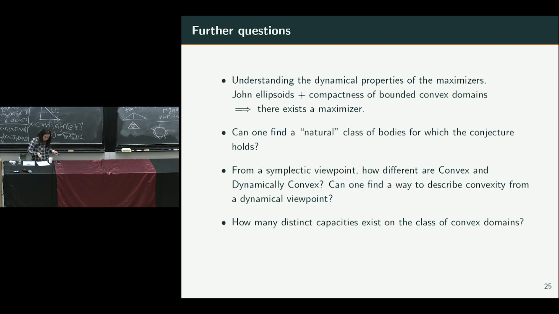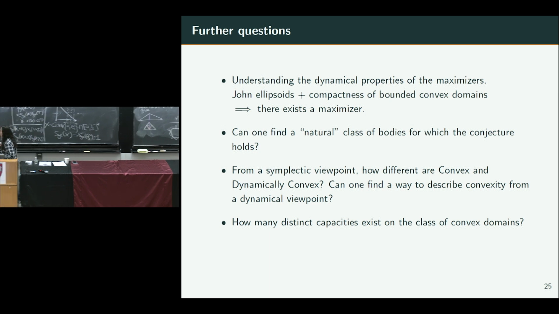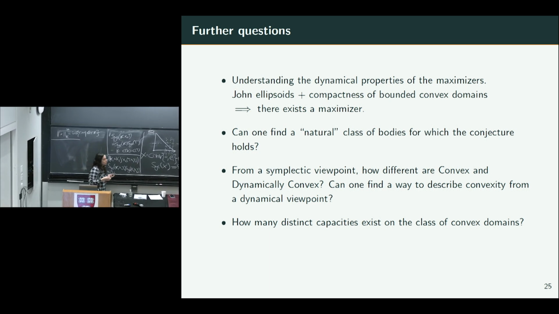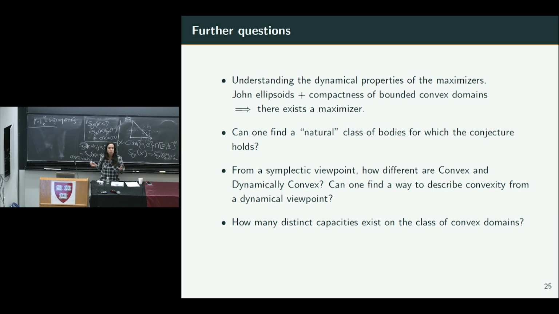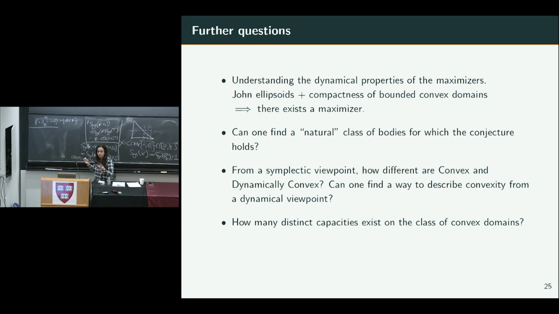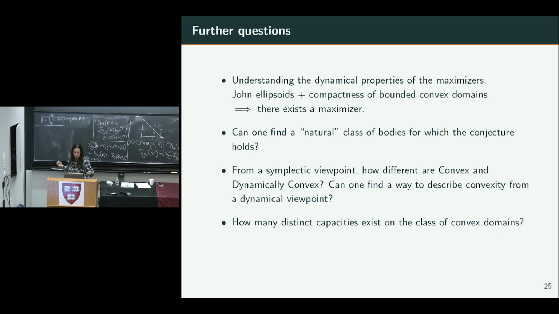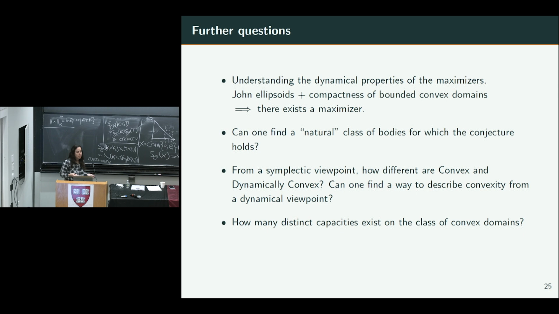And another question is how many capacities one has. Since we contradicted the weak Viterbo conjecture, we also get that the Gromov width and the cylindrical capacity are not equal. So the strong Viterbo conjecture doesn't hold as well.